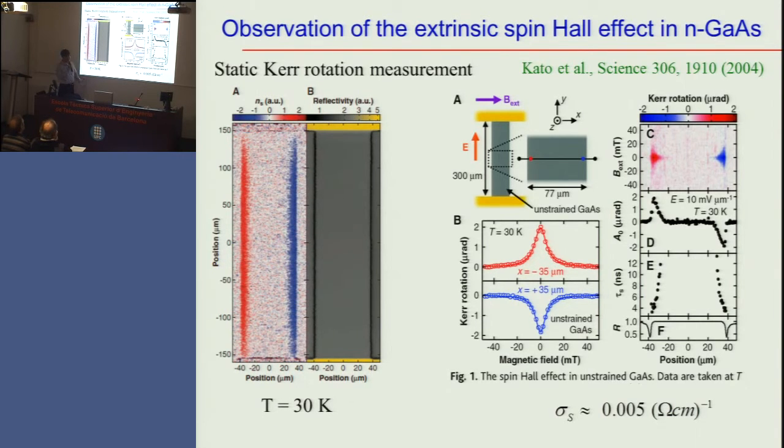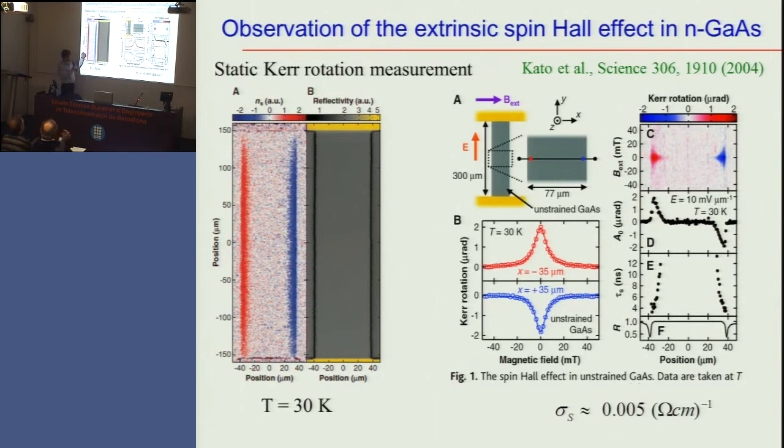The only question is how you detect these. In this group, they use light, in what is called a Kerr rotation measurement. If you shine a light here, it depends on the spin orientations. For spin up, the reflected light is, say, right-hand circularly polarized.